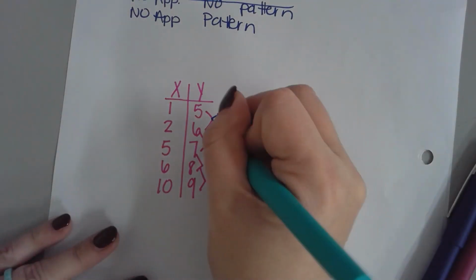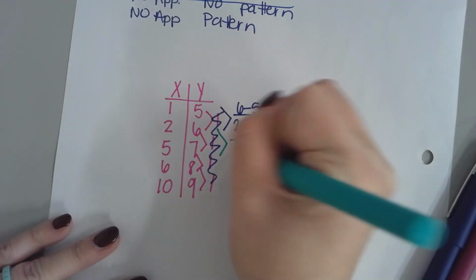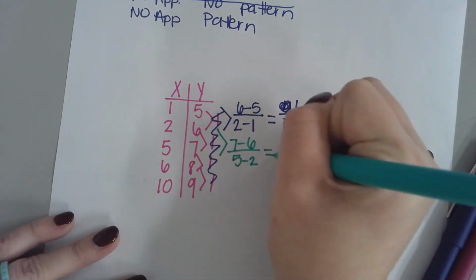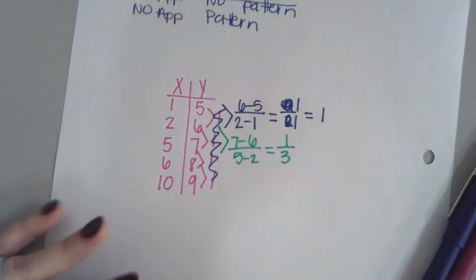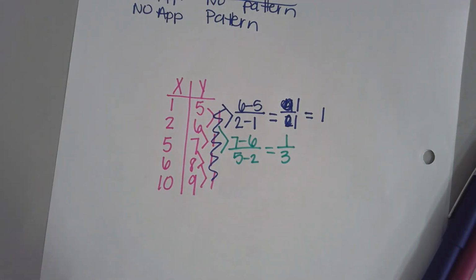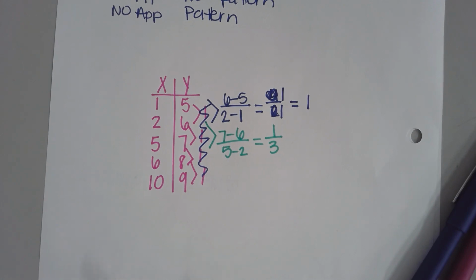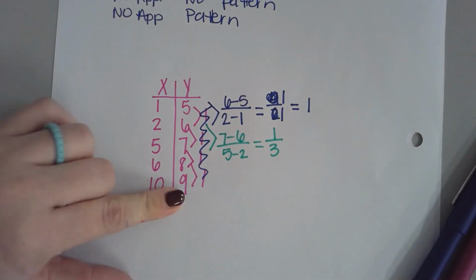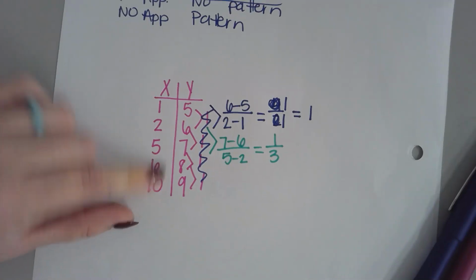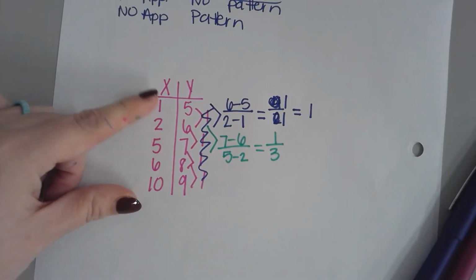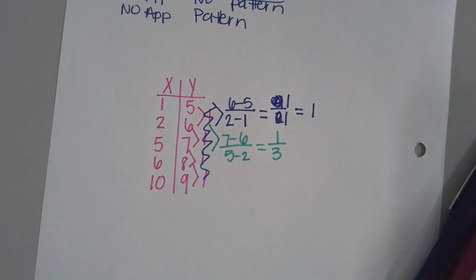And then you would do 7 minus 6 over 5 minus 2, so 1/3, and you would go down. We did that early on in the year, but it's been a long time. If I kept going, I'd probably say that's not linear. Even though these went up by 1 every time, you can't compare that because the x values were not spaced out evenly. So you have to watch that.